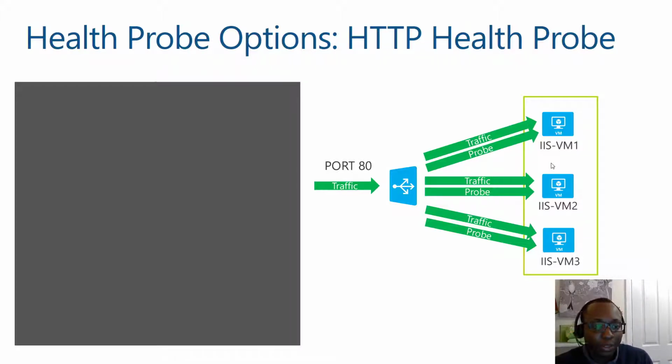So you can put in an HTTP path, and then it's going to probe that. And it's only going to report back that the node is alive as long as there's an HTTP 200 reply. If there's not an HTTP 200 reply, it's going to take that node out of the available nodes.